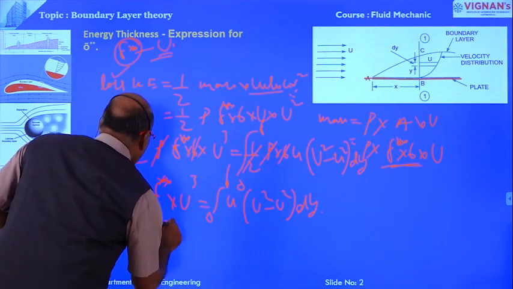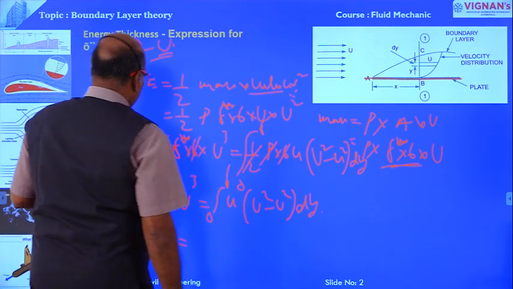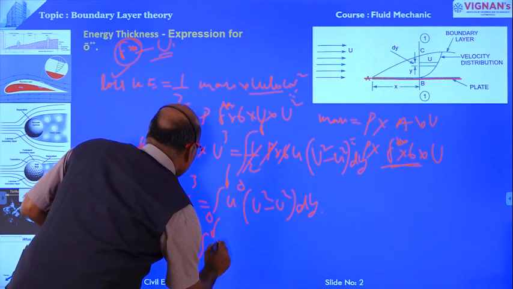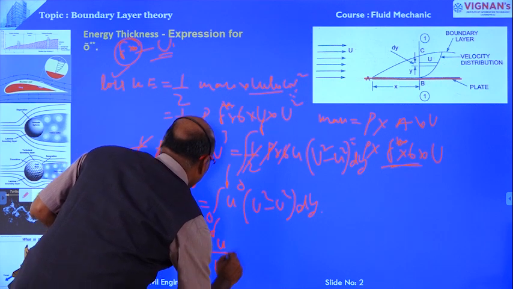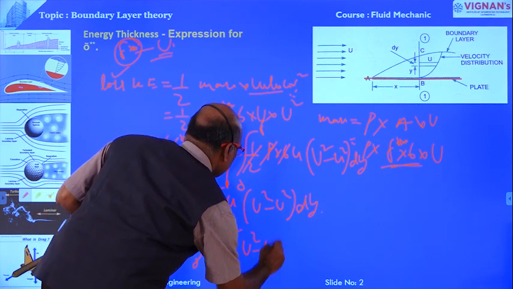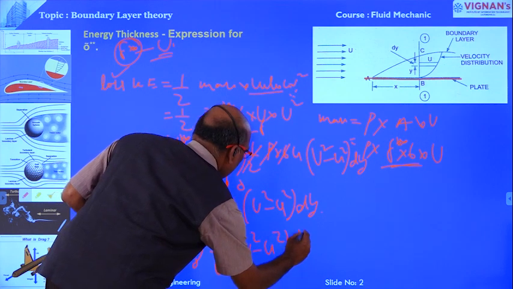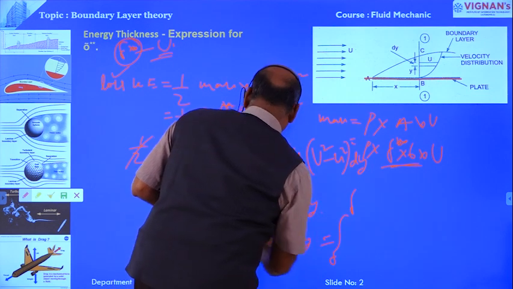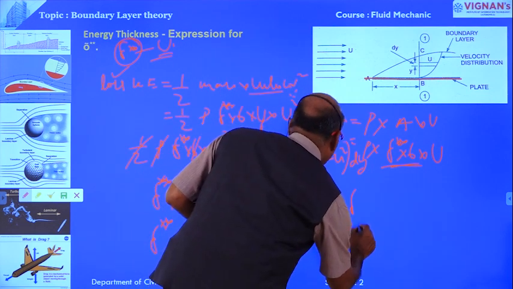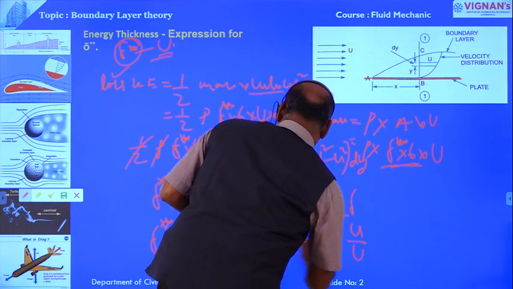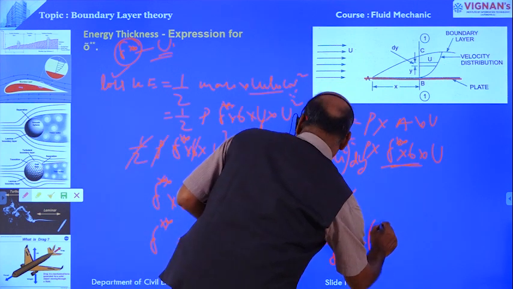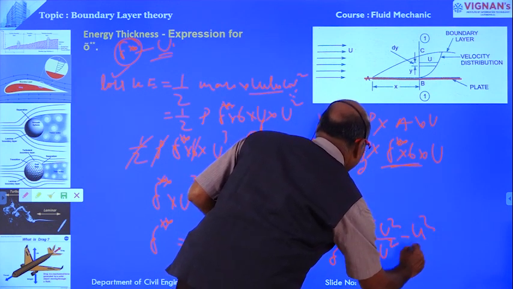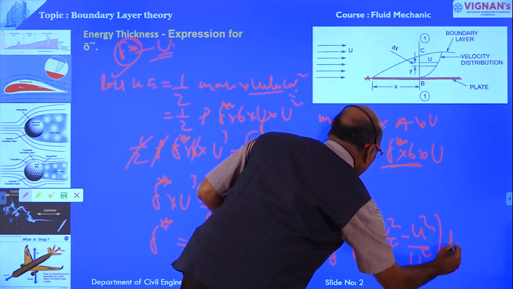Therefore delta double star, or energy thickness, is equal to the integral 0 to delta of small u divided by capital U cube, into capital U square minus small u square dy. This is equal to the integral 0 to delta of small u by capital U into capital U square minus capital U square small u square by capital U square, dy.